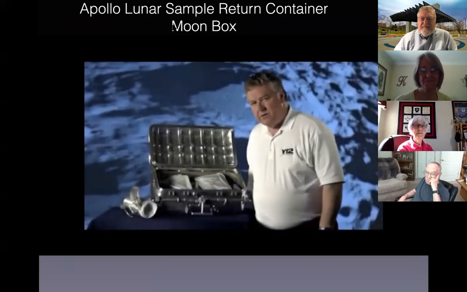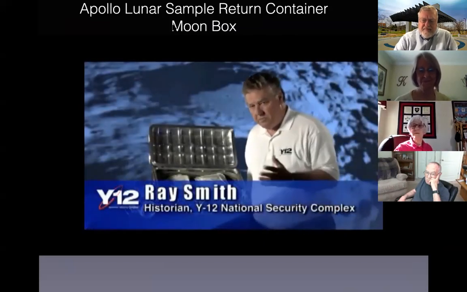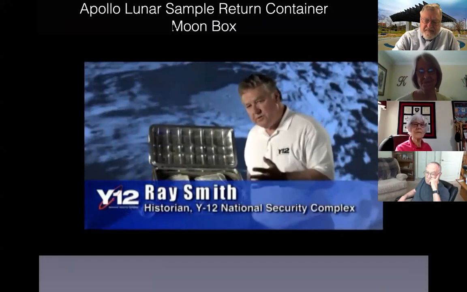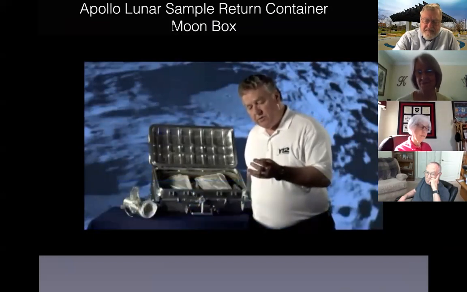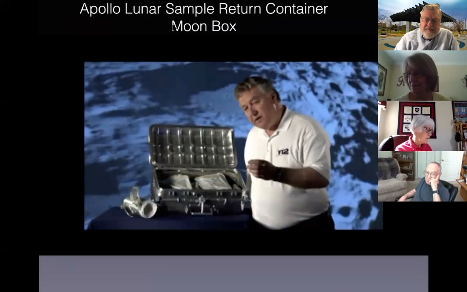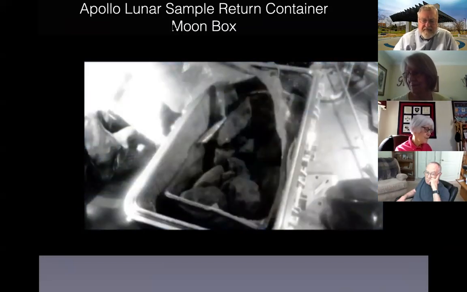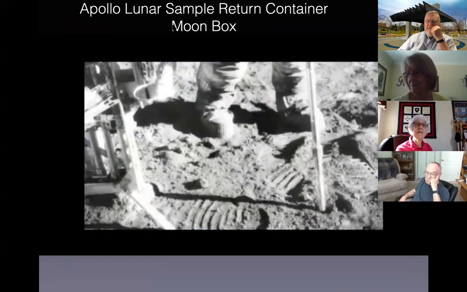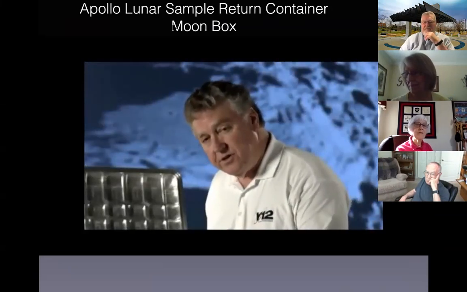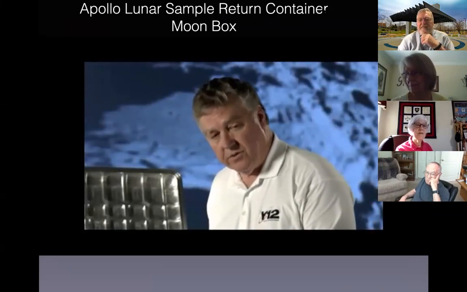The Apollo Lunar Sample Return Container, or moon box, made 6 trips: the Apollo 11, 12, 14, 15, 16, and 17. In those 6 missions, these boxes brought back 842 pounds of material from the lunar surface. That material is still being used today in research centers around the world.